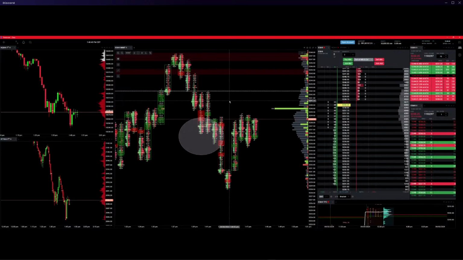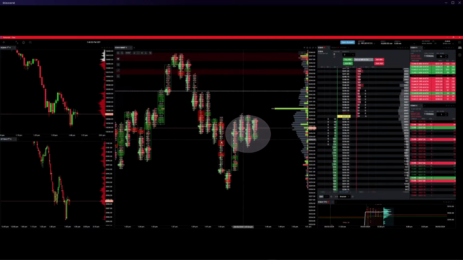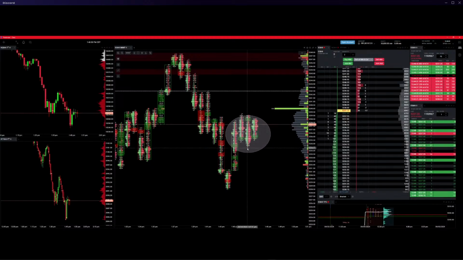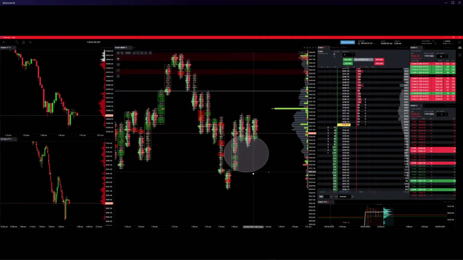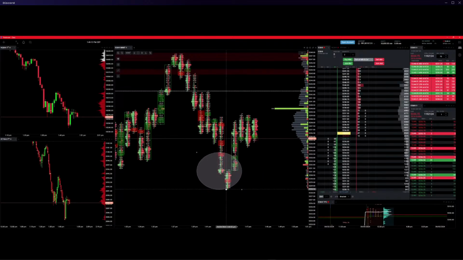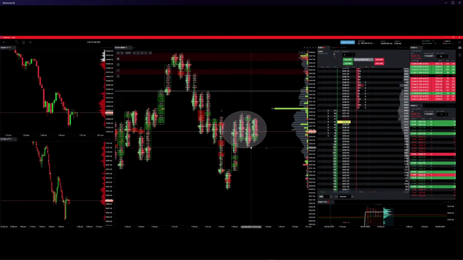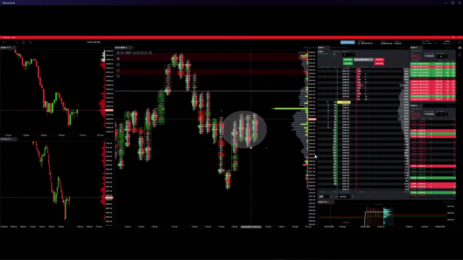The hard part of this too is, let's just do a hypothetical that you try to take a long on this reclaim and we come down, right? And you take your 2-point stop. A lot of people want to hold their stop instead of re-entering. These are the type of days where you have to take that L and be really precise with your entry.